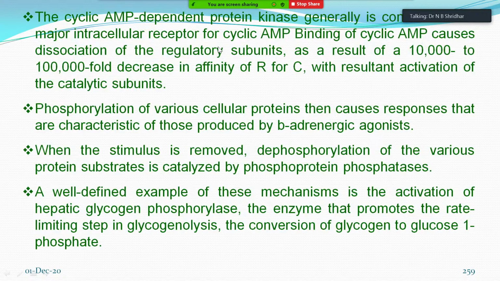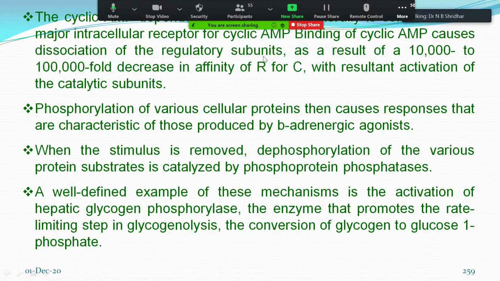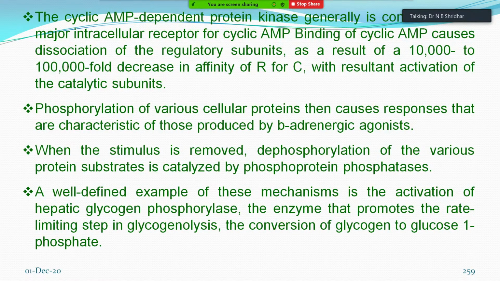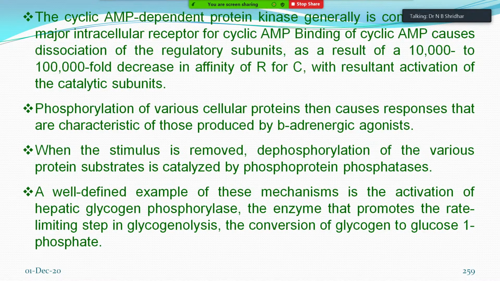The cyclic AMP dependent protein kinase is the major intracellular receptor for cyclic AMP. Binding of cyclic AMP causes dissociation of regulatory subunits, as a result of a 10,000 to 100,000 fold decrease in affinity of R for C, with resultant activation of the catalytic subunit.